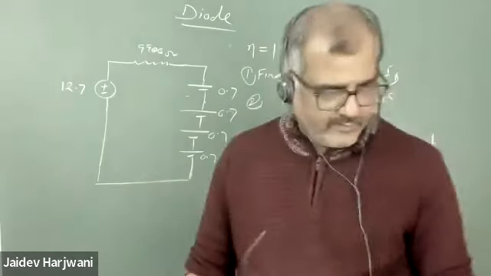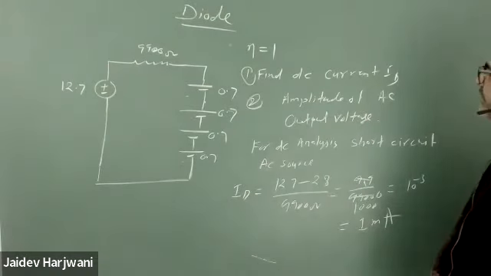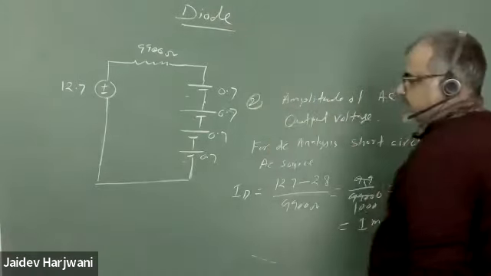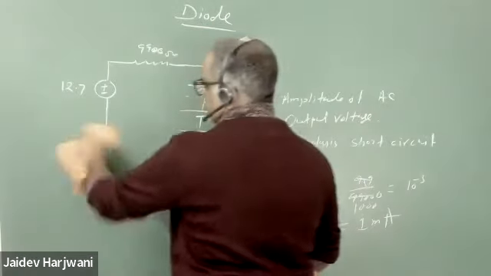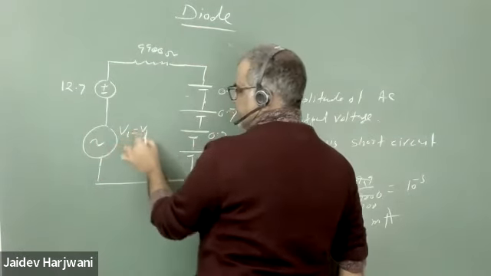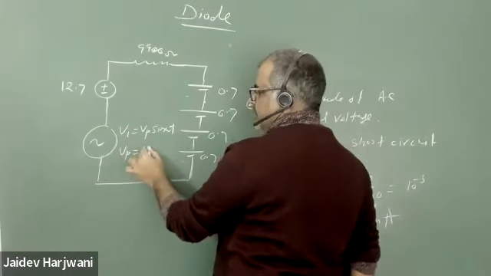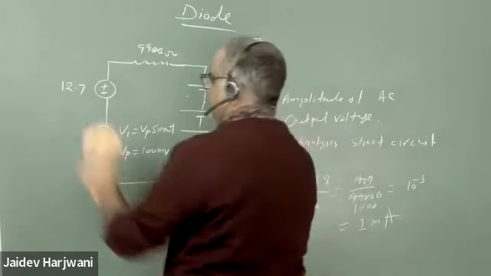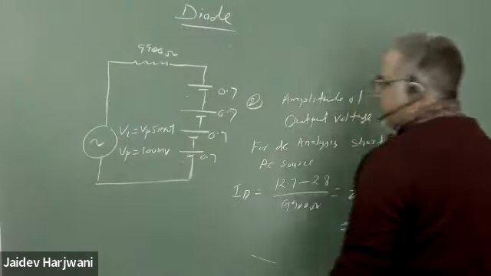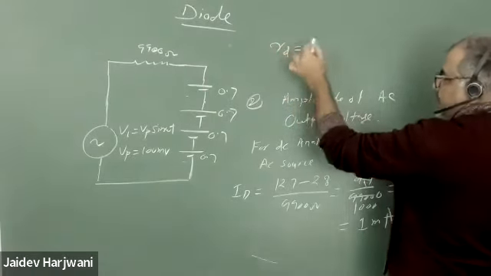Okay. So now you know the ID value. Next is when you are using the AC source. We have input equal to VP sine omega t, VP is given as 100 millivolt. So you have to short circuit the battery, and each diode will be replaced by a resistance, and the resistance value will be RD.